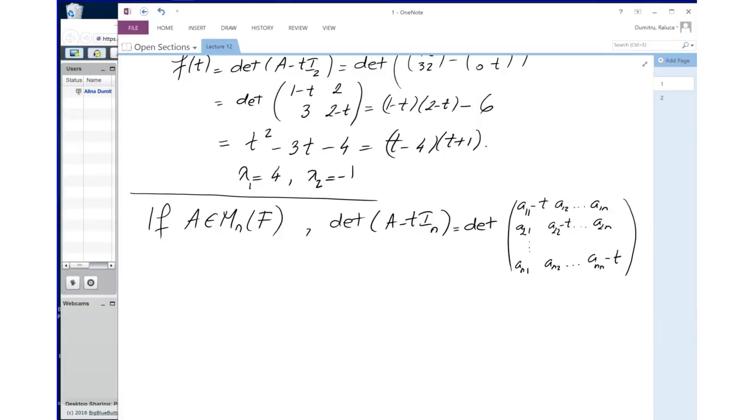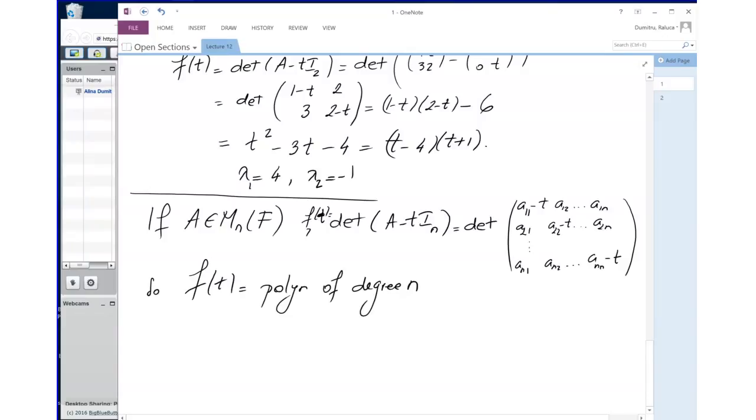Okay, so this is what we call f of t. So f of t is a polynomial of degree n.